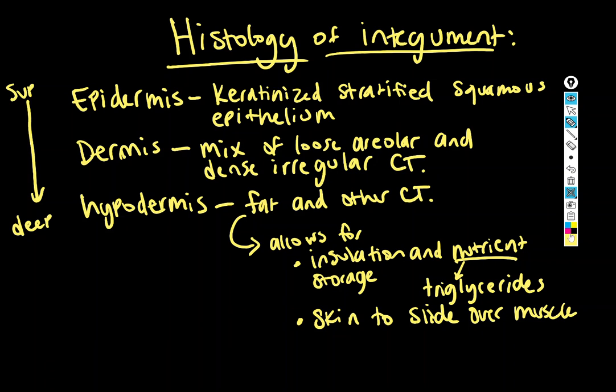So what you're going to notice, and I'm going to come in here and highlight, or let's highlight, why not? I'm going to highlight these in pink. What you'll notice is that as I'm describing the histology of the integumentary system, I am referencing some of the tissue types that you're supposed to learn along with the integumentary system histology.